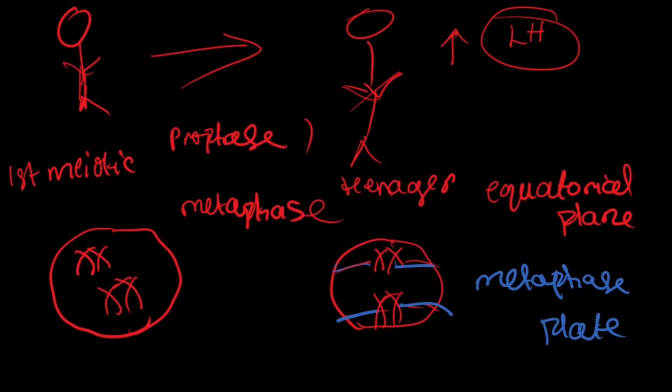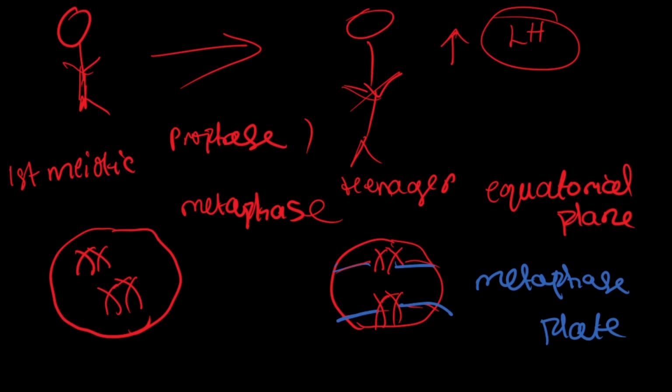The primary oocyte is diploid, meaning it has a total of 46 chromosomes. This primary oocyte begins the first meiotic division, but it stops at prophase 1, and all of this takes place in fetal or prenatal life.